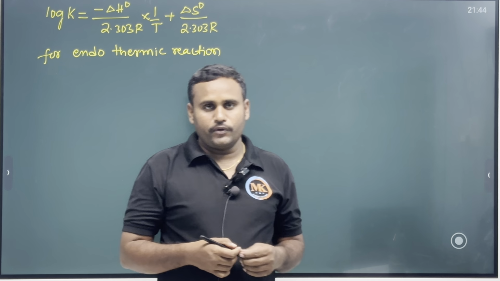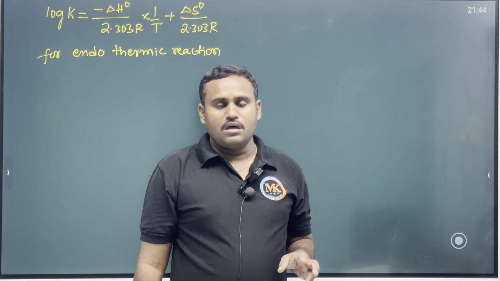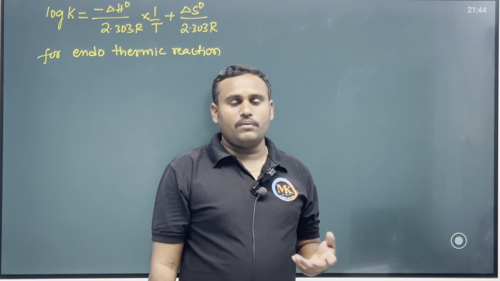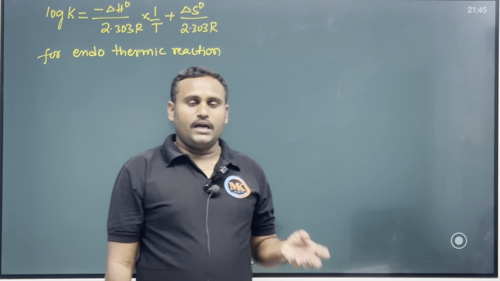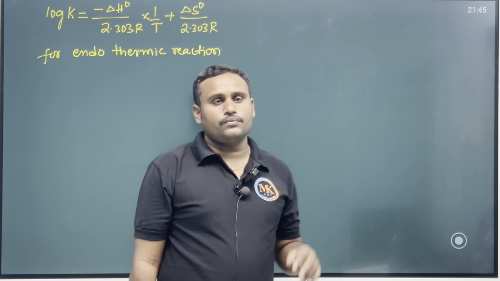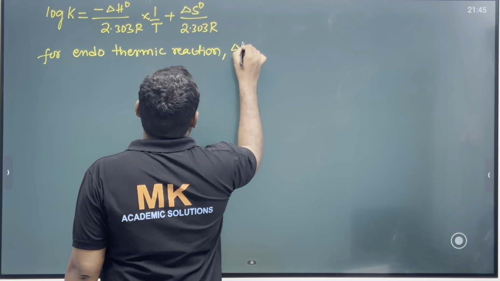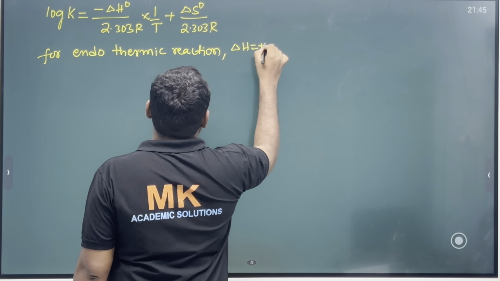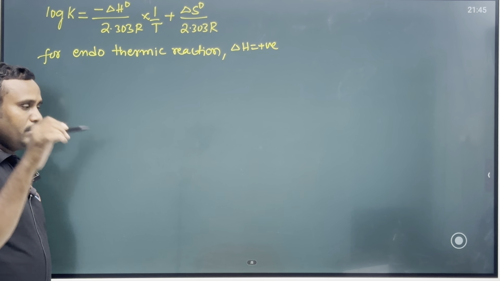Heat energy is absorbed by the system. If heat energy is absorbed by the system, is delta H positive or negative? Delta H will be positive. For an endothermic reaction, delta H is positive. So positive into negative, again it becomes negative only.